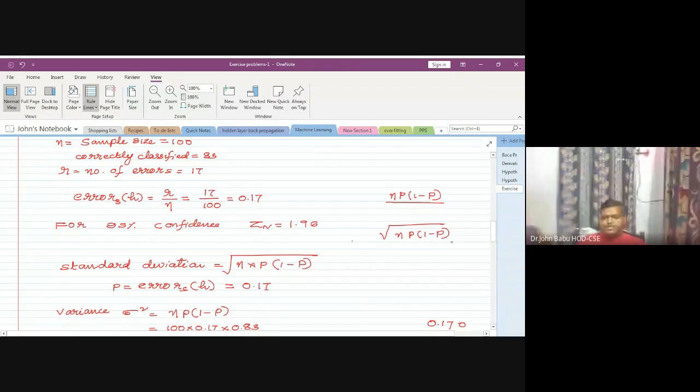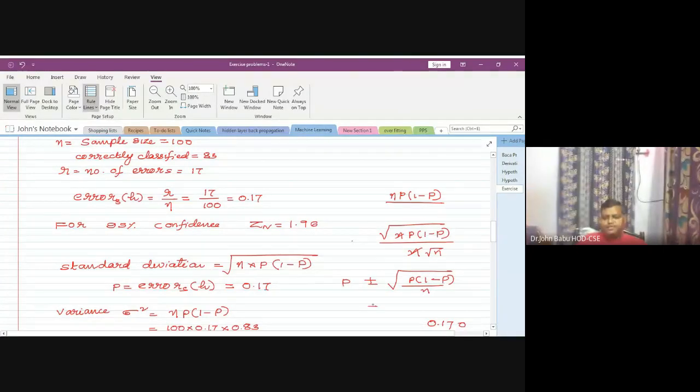Standard deviation by n, that will be equal to square root of p into 1 minus p by n.